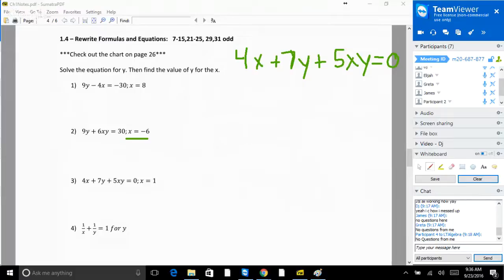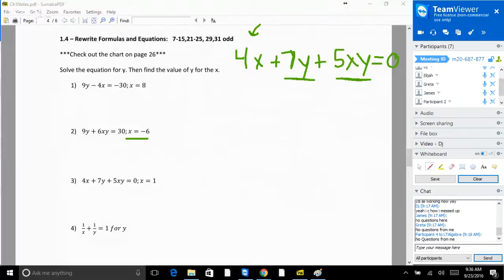So we have 4x plus 7y plus 5xy equals 0, and I need to solve for y. Okay, great. Y is in 2 terms again, and they're not like terms. But I do notice I have this 4x hanging out over here, and that doesn't have a y in it. So I can send that to the other side.